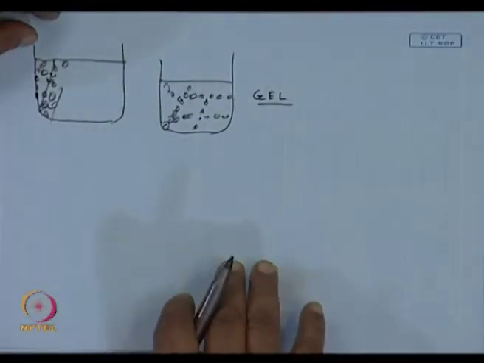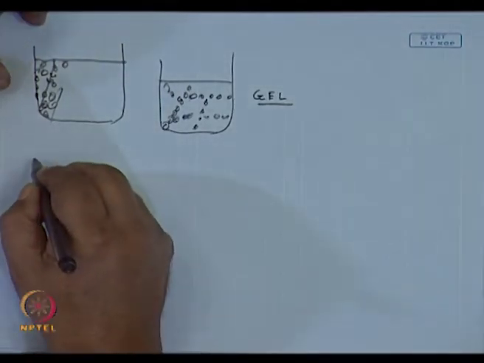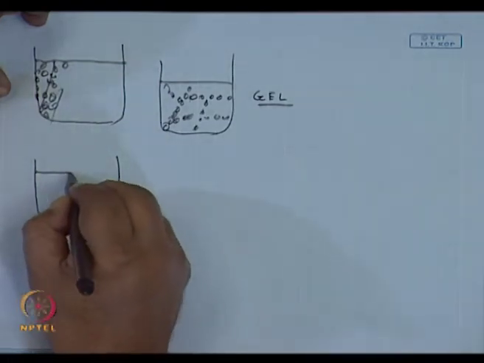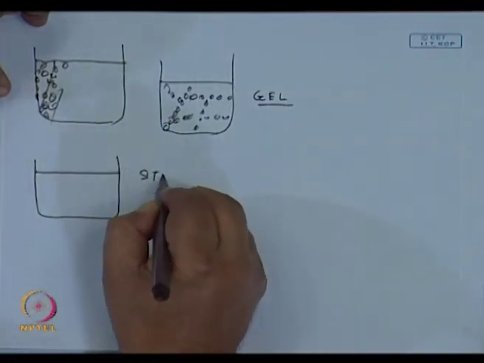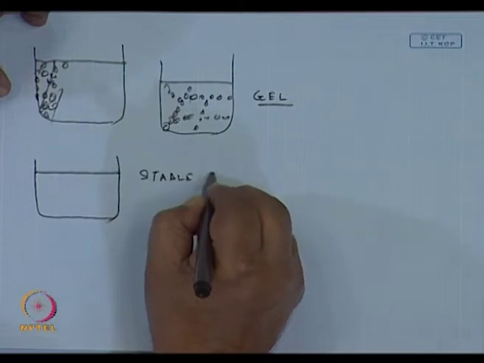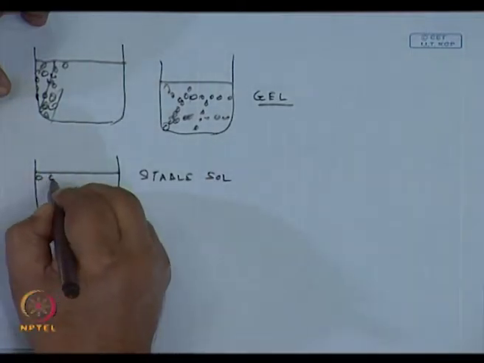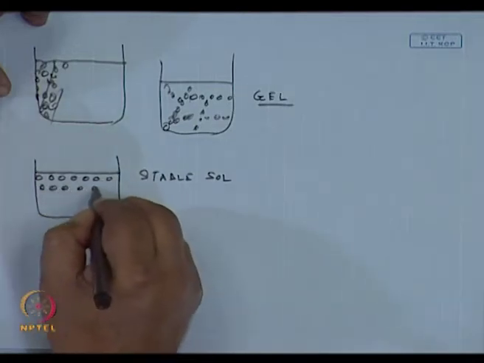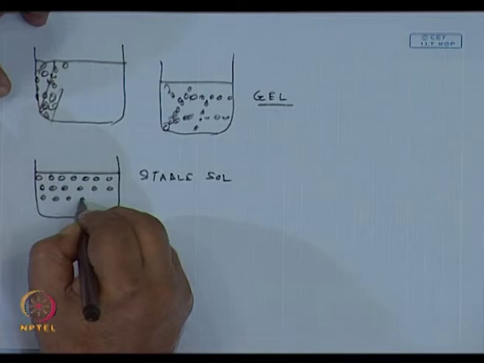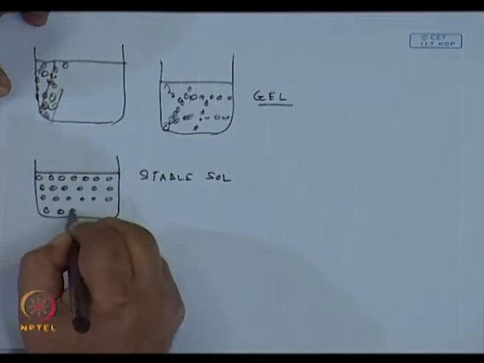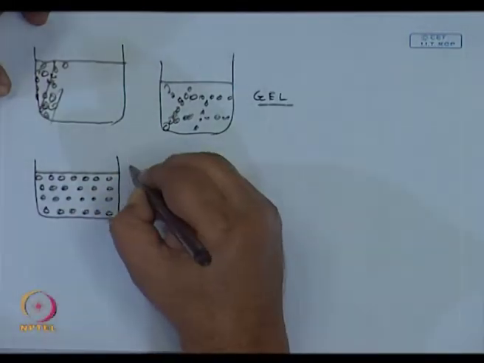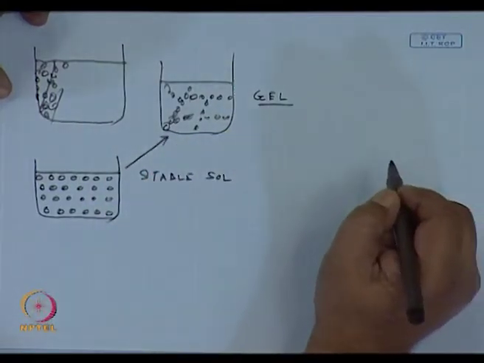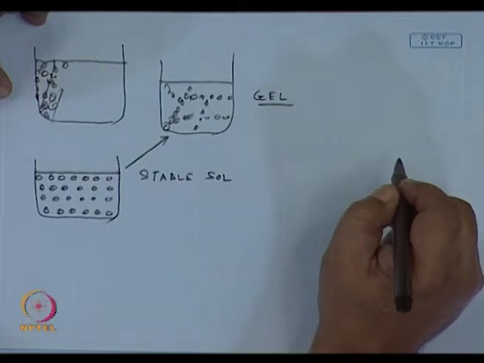You see, if I have a stable sol, which can be converted to a gel, as in alkoxide based sol gel processing.